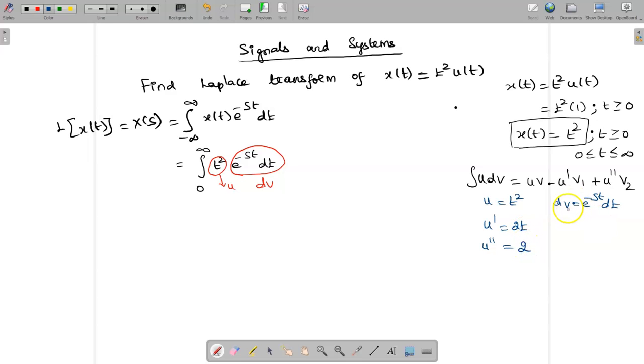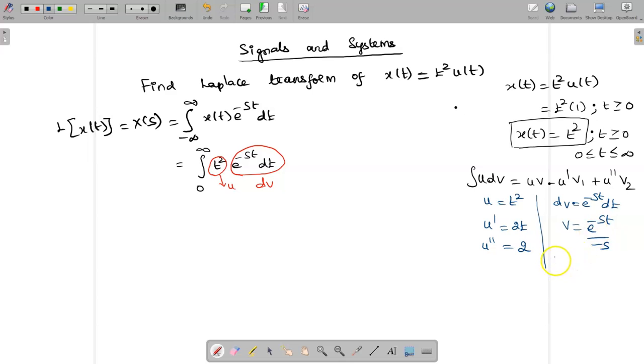Okay. So, again in this we have v. So, we need to find out the v value. So, integrate this, right. Here we are doing the differentiation, here we are doing integration. So, integration of e power minus st dt is nothing but e power minus st by minus s.